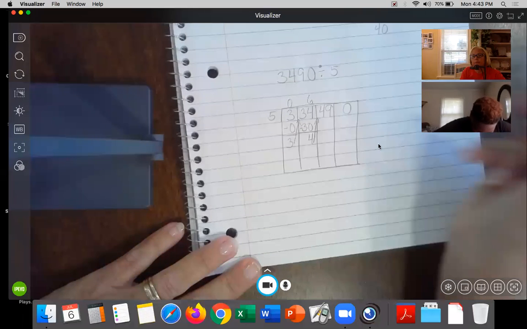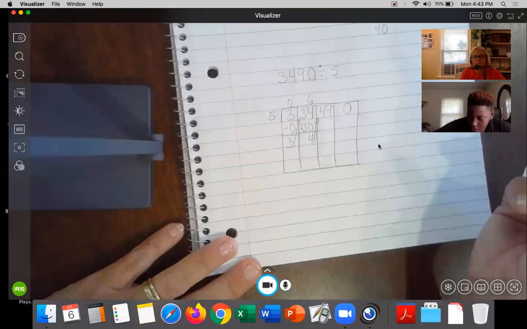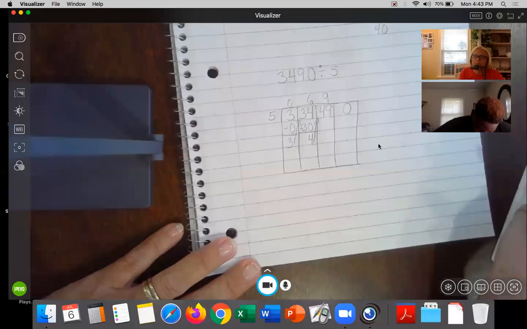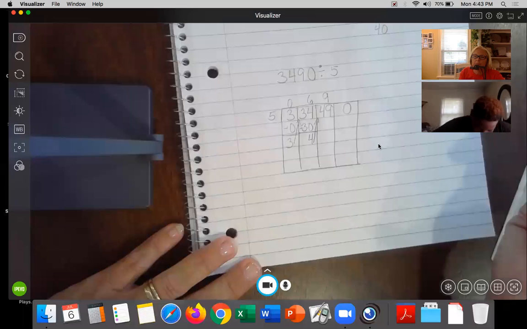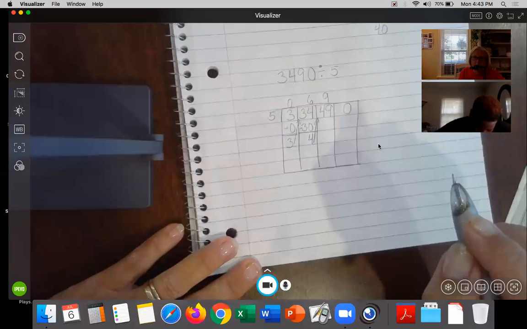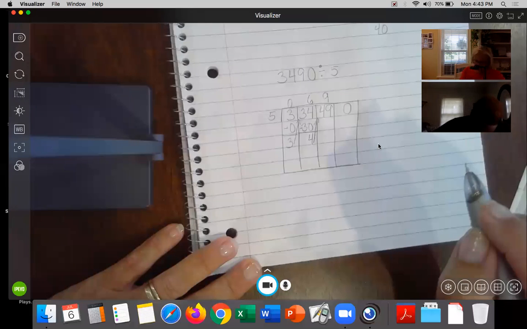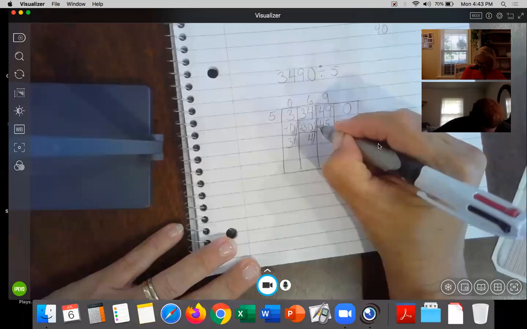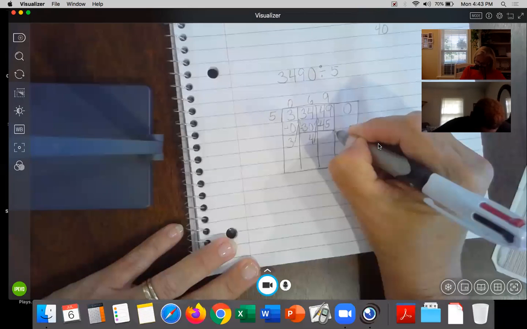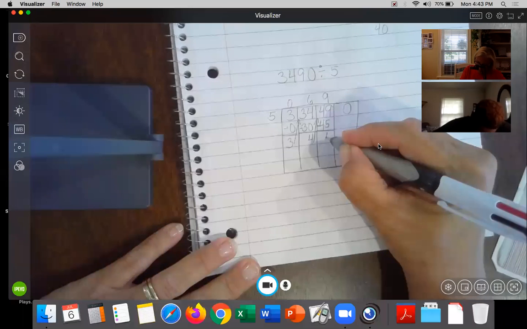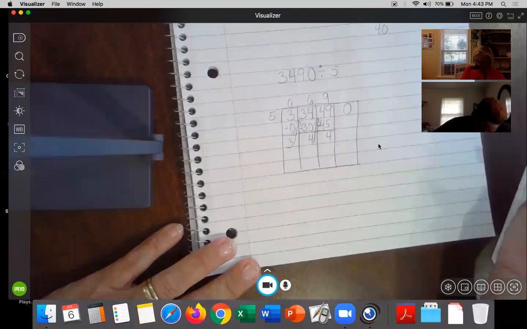So 5 can go into 49 9 times. So 5 multiplied by 9 equals 45. Awesome. So subtract 45 from 49. That equals 4. Make the 0 into 40.